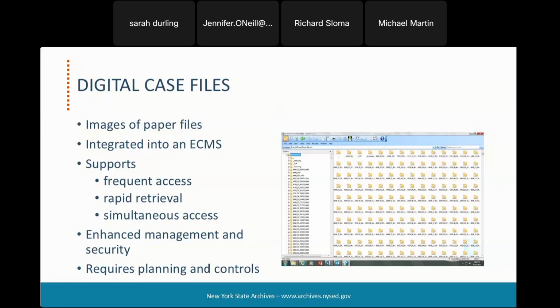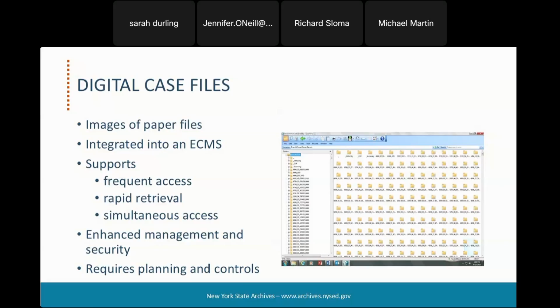It's also helpful if you require multiple user access. So if you have various people in the office that all need to use these case files at one time, or you have some regional offices that need access to your central files, this would be a good solution.